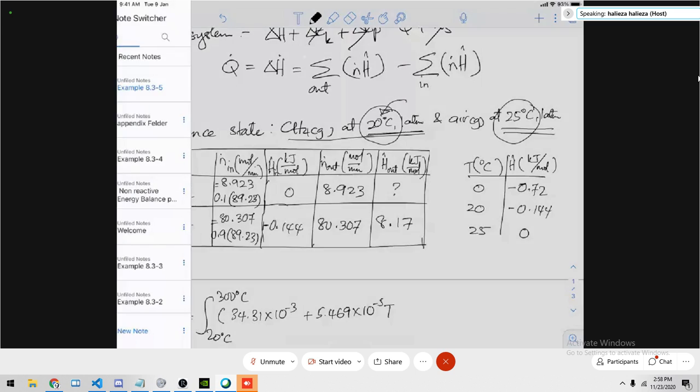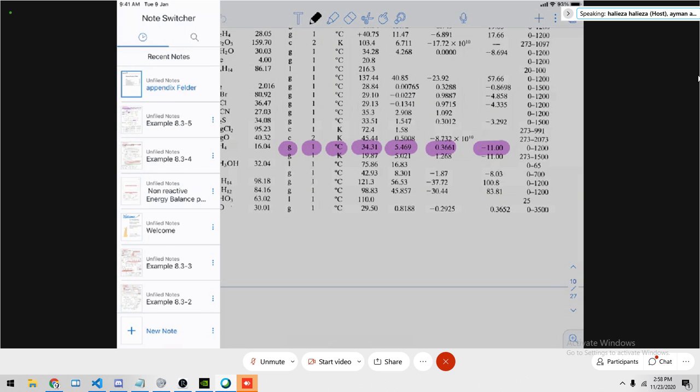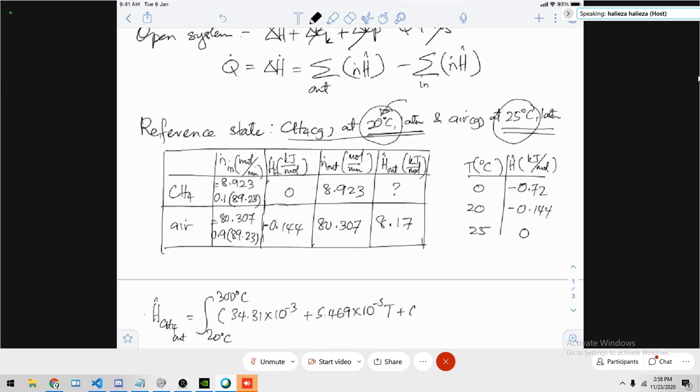Next, 0.3661, okay, thank you. 3.661 times 10 to the power minus 8 T squared.